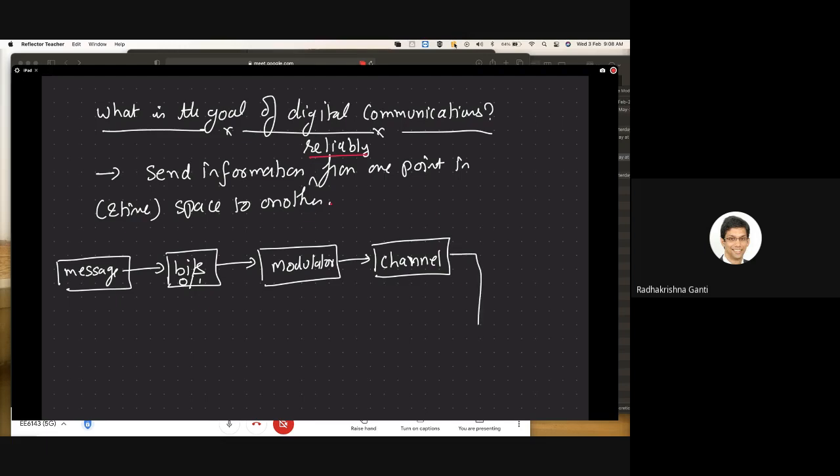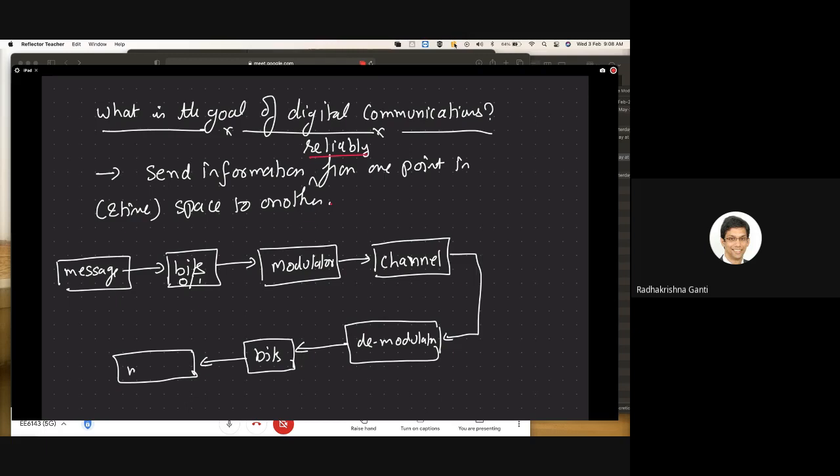On the receiver side, you have something called a demodulator. The demodulator gives out bits. The bits are again converted back to messages.